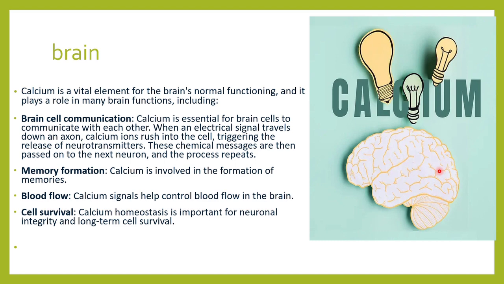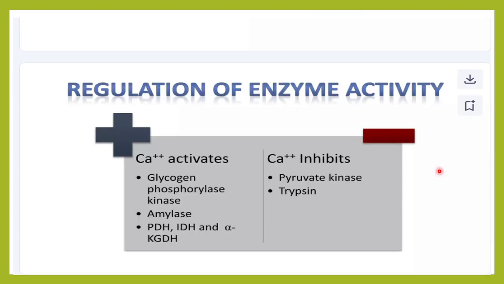So whenever there is less calcium, all these functions will be affected, which can impair cognition, which can impair memory, which can cause mood swings, which can cause depression in patients, because calcium is very essential for brain cells to communicate with the axons, to release the neurotransmitters, to pass on the message to the next neuron. All this will depend upon the calcium levels in the brain.